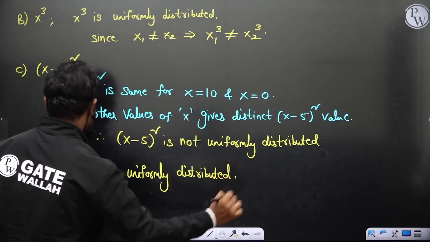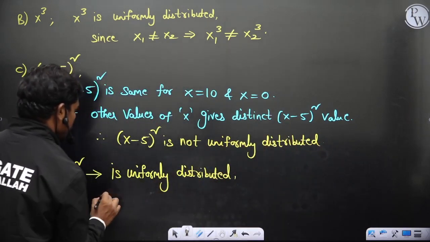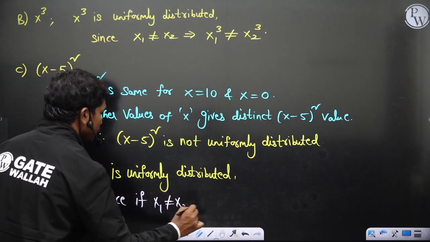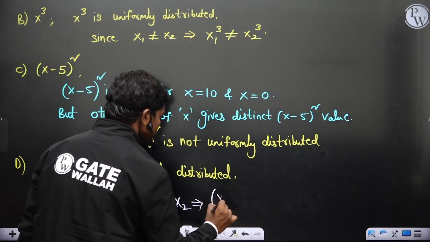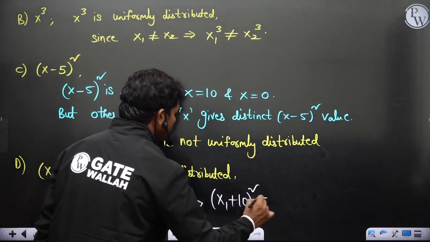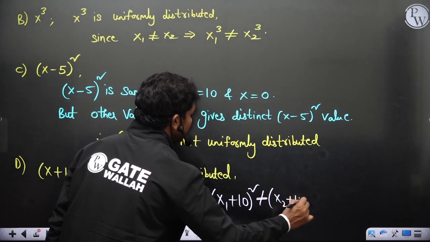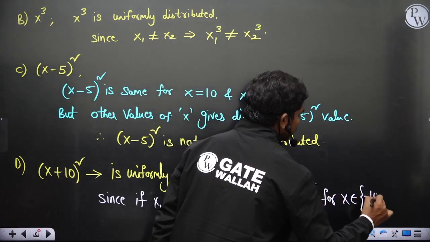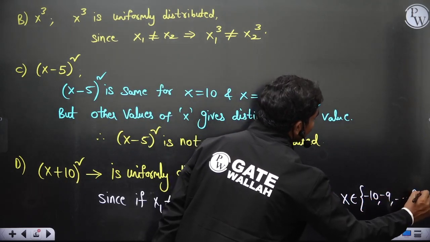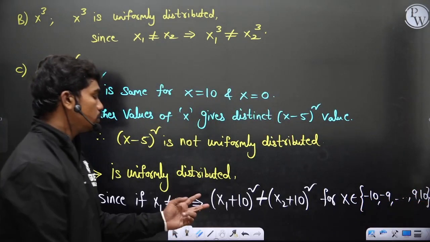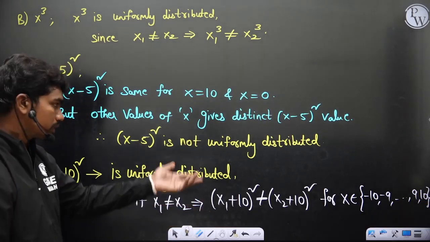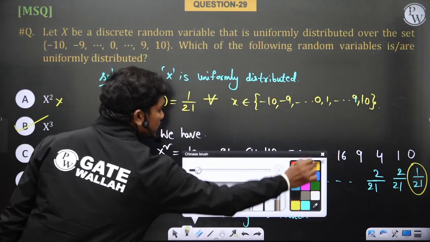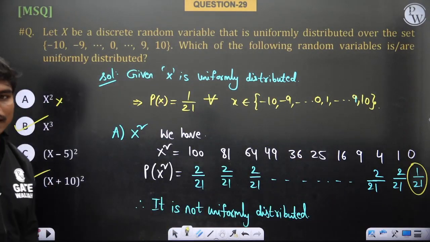It's uniformly distributed since if x1 not equal to x2, this implies x1 plus 10 whole square is not equal to x2 plus 10 whole square for x belongs to minus 10, minus 9 and so on, 9, 10, of course here. Because for no two different values of x do we have the same value of x plus 10 whole square clearly within that range. So ultimately this D is also uniformly distributed.